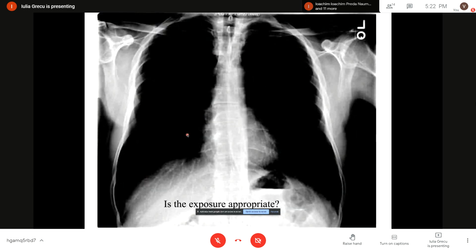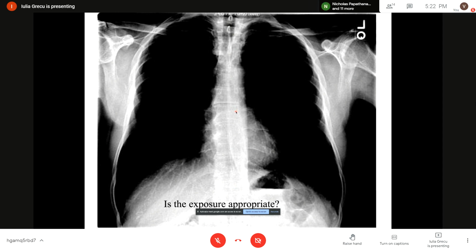If we have this kind of image in which the lungs appear to be very, very dark, and we can see basically all thoracic vertebrae, then we call this an overexposed chest X-ray.